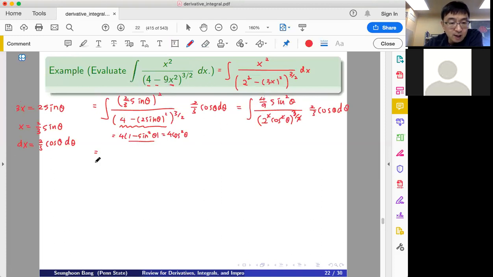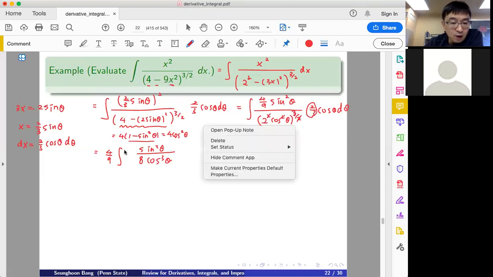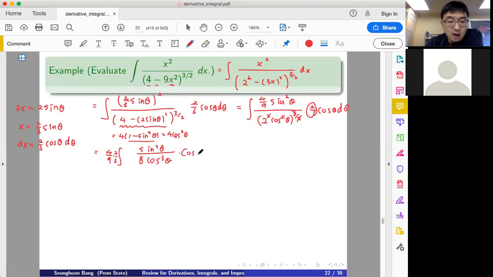Only take out 4 over 9, sine squared of theta over 2 cubed, the 2 cubed is 8, times the cosine cubed. So take out 2/3 times cosine theta d theta.